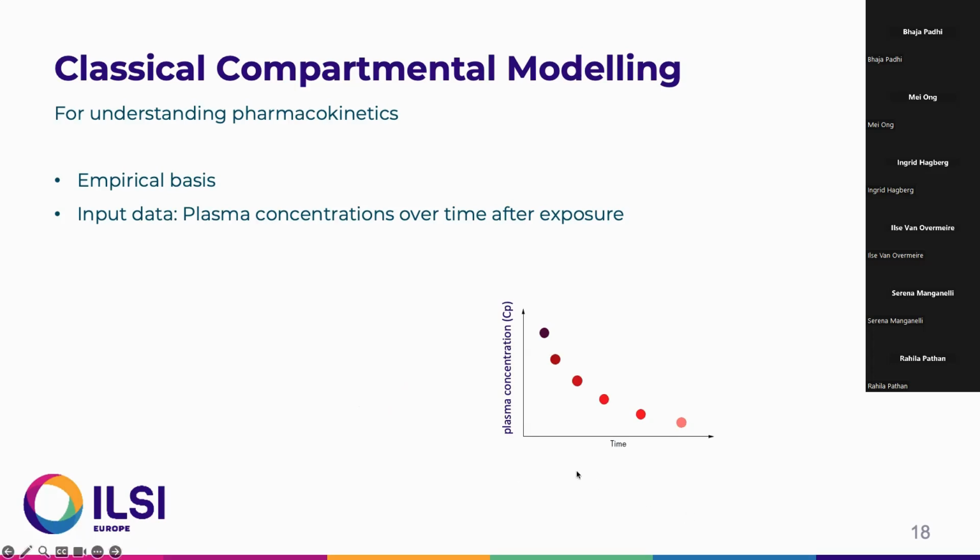So you've got your time plasma profiles, and from there we can fit a one-phase decay function, and we can calculate the rate constant of elimination, and from there we can calculate the fraction absorbed, where it gets distributed and eliminated, and then set the dosing regimen that was necessary for a particular drug.